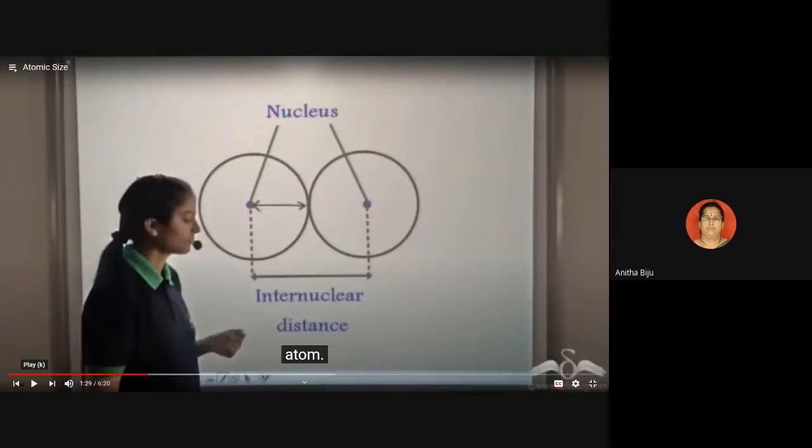We have to focus on only one particular point, and that is atomic size. So atomic size is decided by atomic radius. Atomic radius is the distance between the center of the nucleus and the outermost shell where the last electron is present.